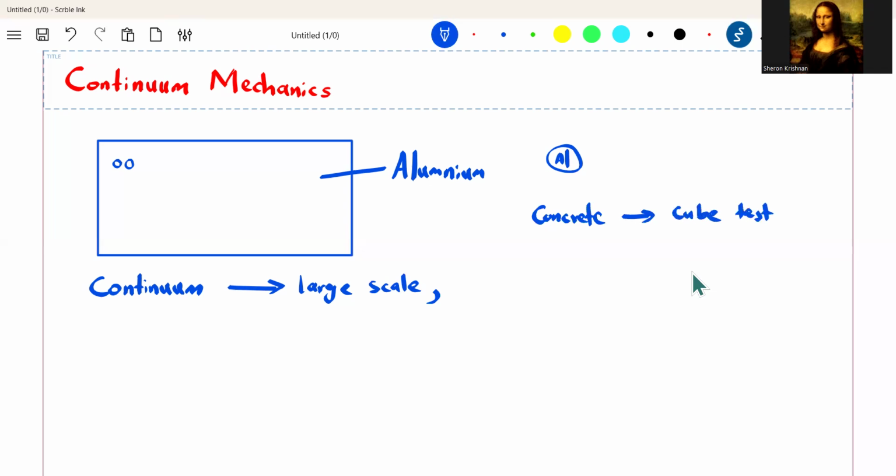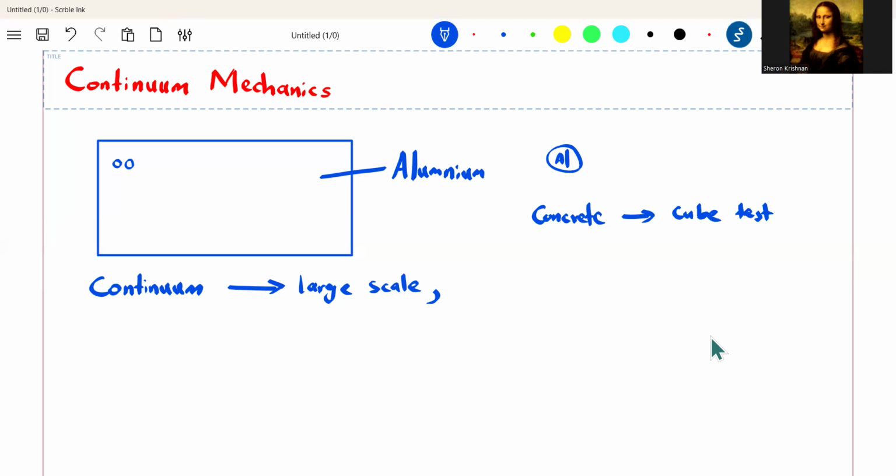This cube test we do at the macro scale level, not even the atomic scale. So we collect the information on the mechanical behavior of the material with a large, that means macro scale, specimen. In that case, we assume the material is a continuum. The matter is a continuum.